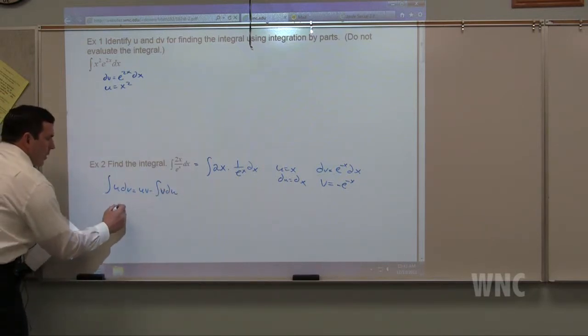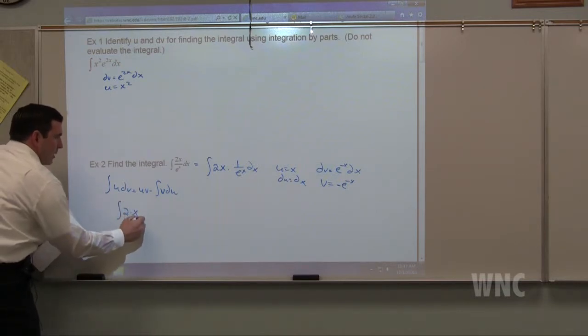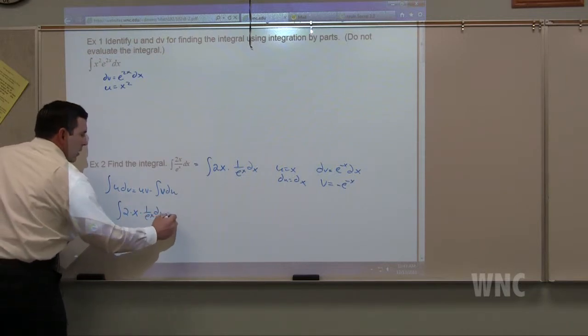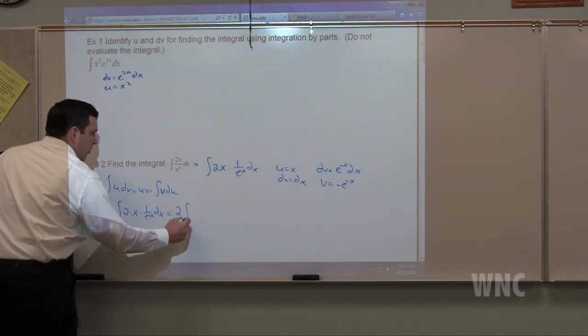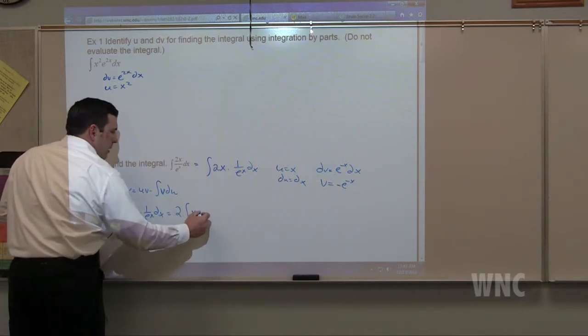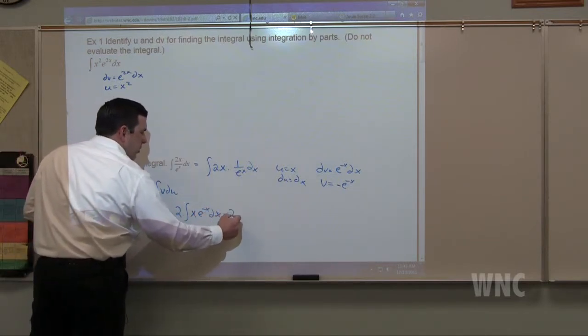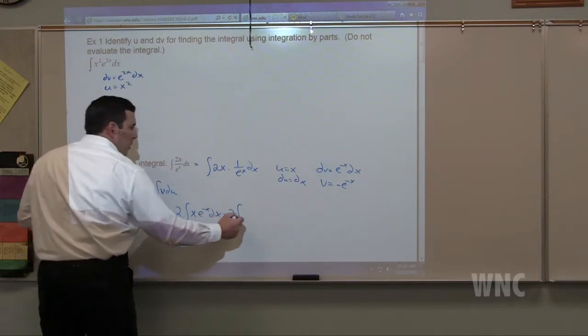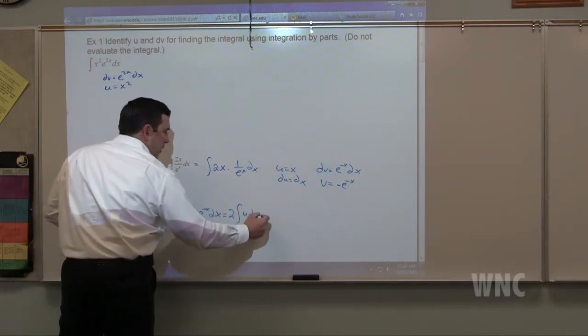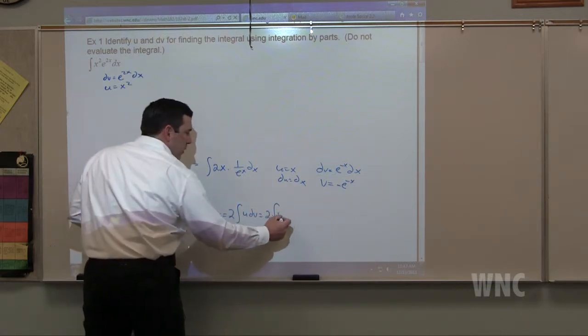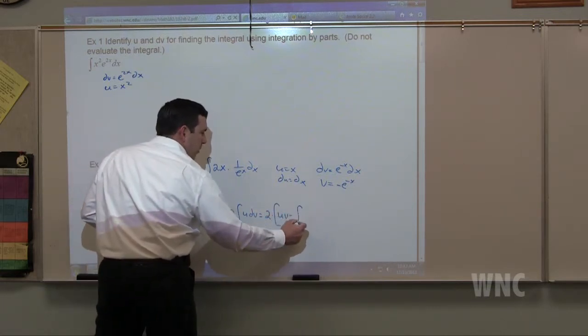Again, the integral of 2 times x times 1 over e to the x dx is 2 times the integral of x e to the negative x dx. That's 2 times the integral of u dv, which is 2 times uv minus the integral of v du.